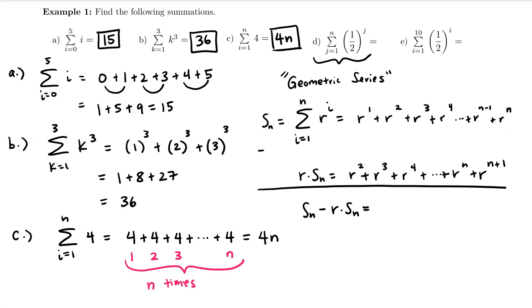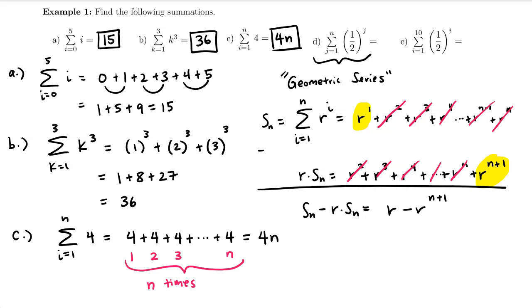So if I did that, a lot of these terms are going to cancel out because r squared minus r squared is 0, r cubed minus r cubed is 0, and my only two terms left are going to be r and r to the power of n plus 1. So what we're going to be left with is r minus r to the power of n plus 1.